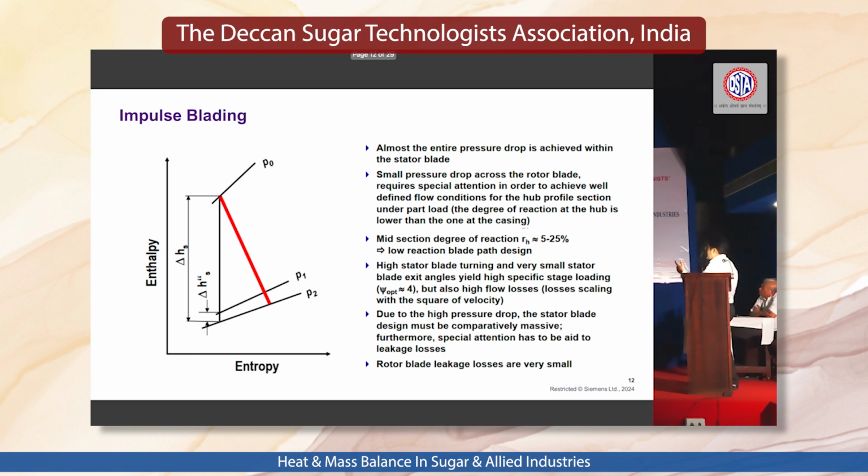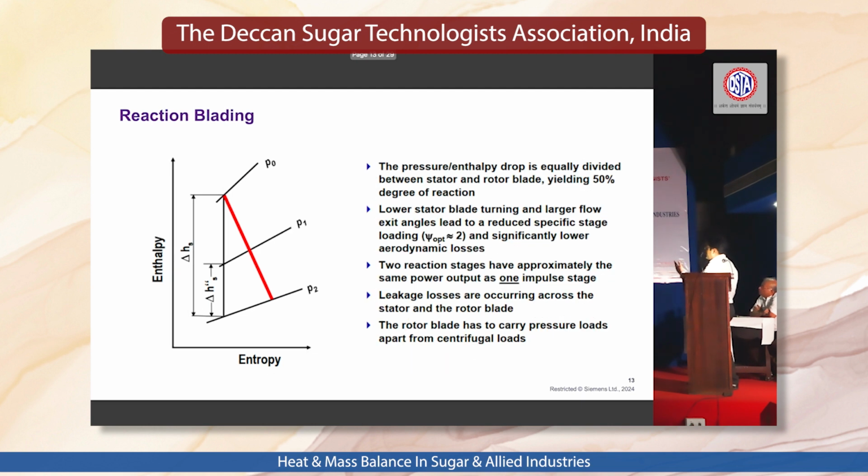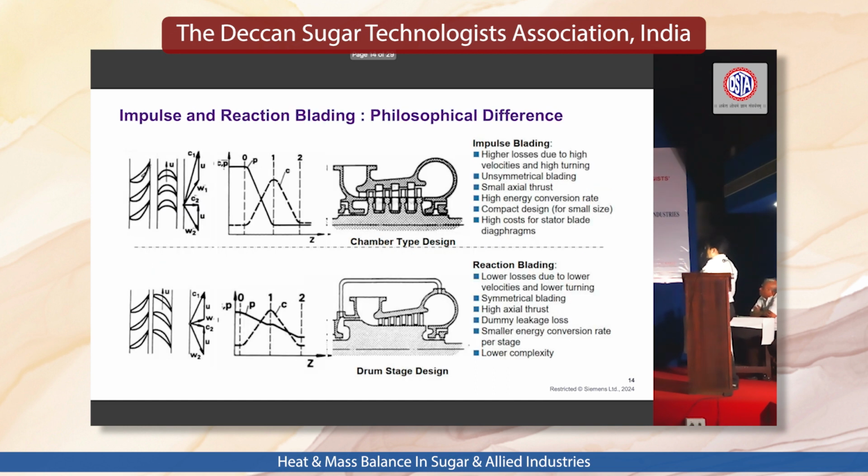Reaction blading is more efficient for some ranges, because here the aerodynamic losses of the profile can be reduced in the reaction blades compared to the impulse blade, and also the pressure drop occurs in both the stationary and rotating parts of the blading. Now, the basic philosophical difference.